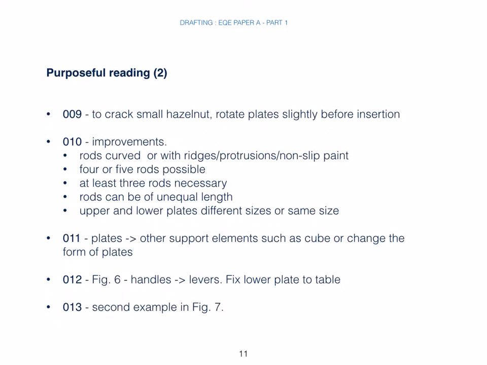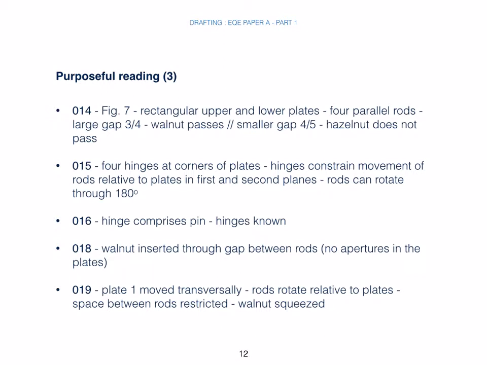However, this gave me an idea for a second example of my invention that is shown in perspective in figure 7. So there is a second example in figure 7, and then we'll next go to the client's paragraph 14 describing the figure 7 embodiment.